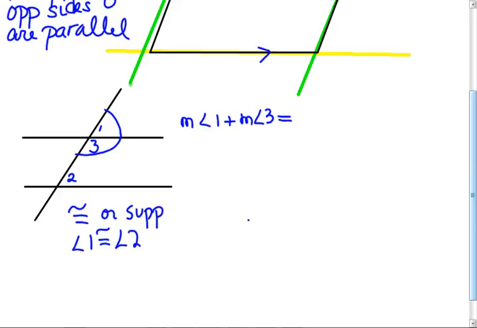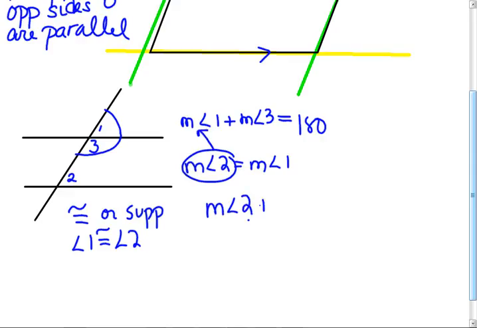A linear pair. So they add up to 180. And I know that the measure of angle 2 is equal to the measure of angle 1. So if I replace 1 by 2, the measure of angle 2 plus the measure of angle 3 equals 180.